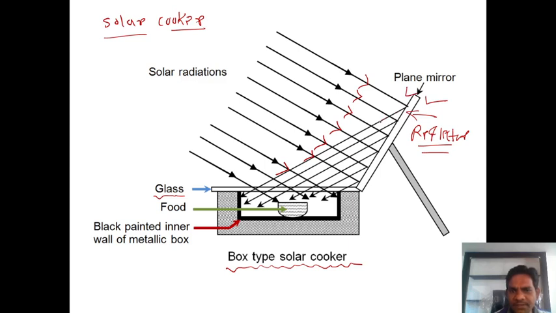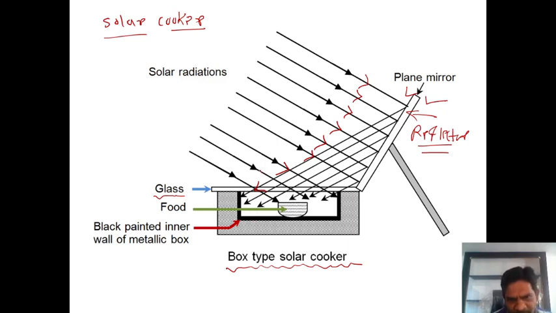From this mirror based reflector, this solar radiation is incident inside the box type solar cooker, and the black paint which is painted inside the solar cooker absorbs a lot of solar radiation. Because of that, the temperature rises.